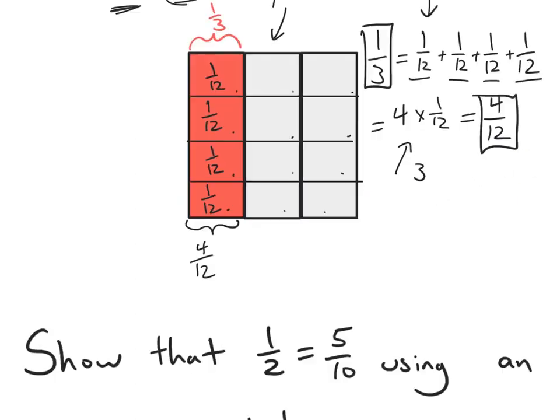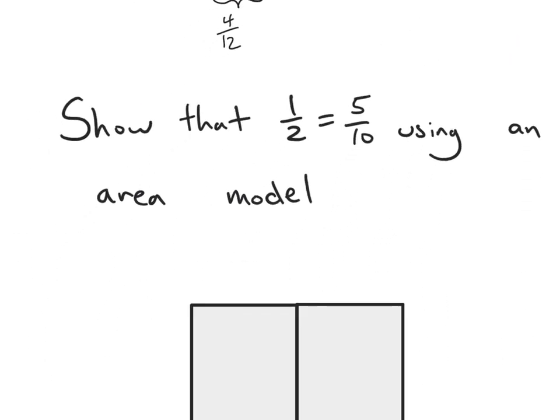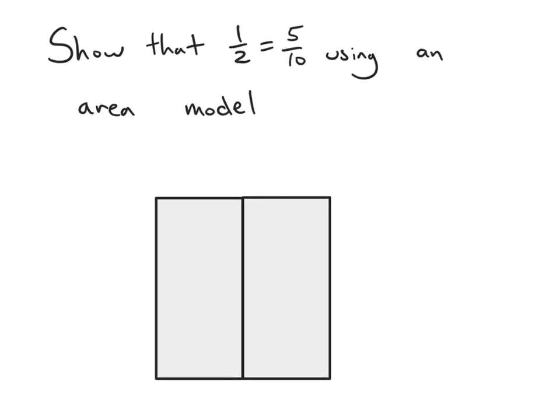So finally, let's move on to the last problem here. This last problem asks us to show that 1/2 is equal to 5/10 using an area model. In order to do that, I'm going to start by shading in 1/2 of my area model. Let's use blue for this one.